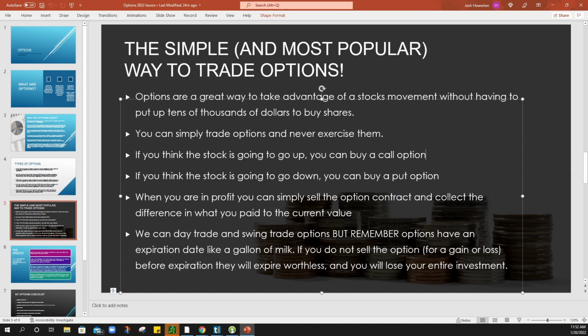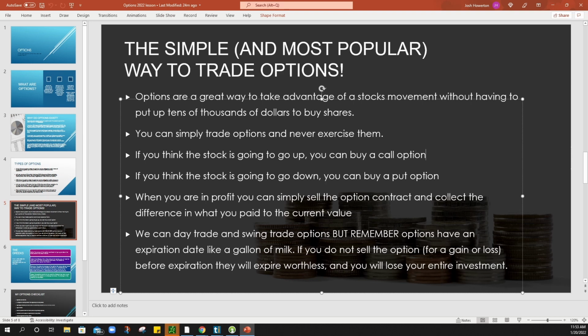But remember, very important, options have an expiration date, kind of like a gallon of milk, right? It expires. Eventually, you're not going to want to drink that milk. You're going to toss it. It's trash. Options, just like that gallon of milk, have an expiration date. Eventually it's going to be worthless.